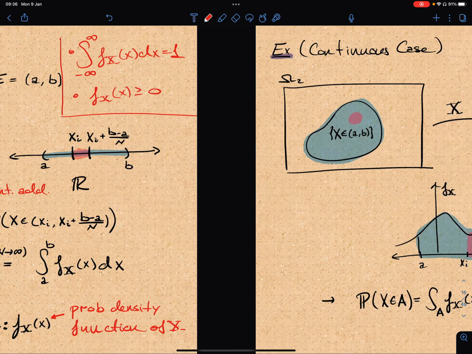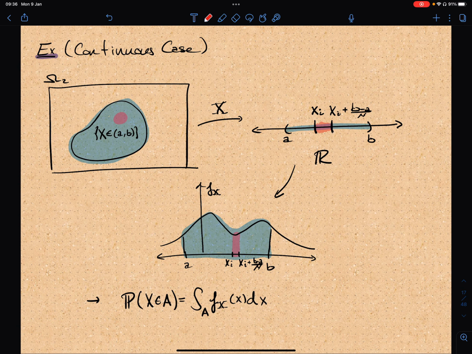Now let's look at some quick examples for the continuous case. Let me just recap what we did. We have the original outcome space, and we map to the real line, and we want to determine the probability of this interval AB.